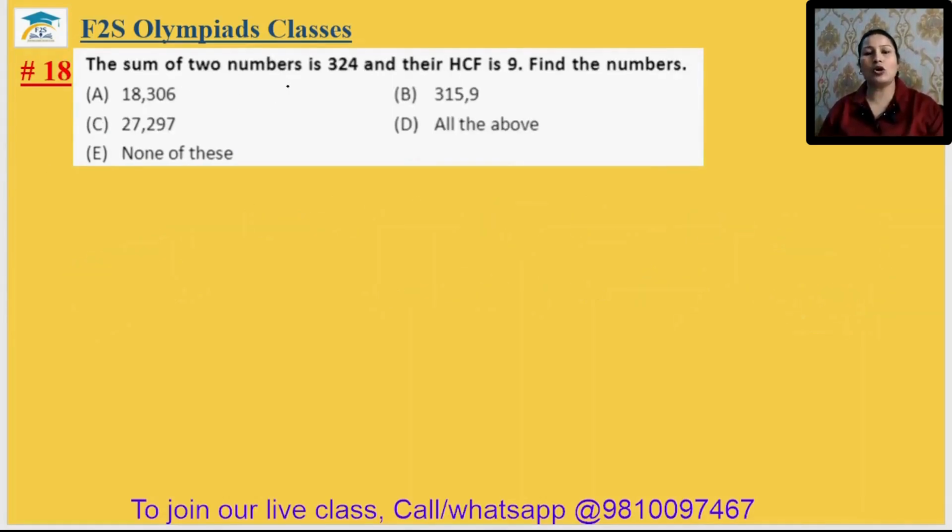18. The sum of two numbers is 324 and their HCF is 9. Find the other number. Okay. So the sum is given and the HCF is given here.